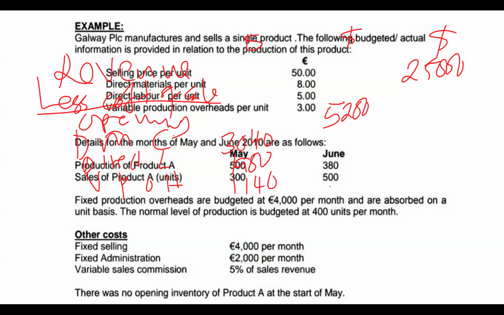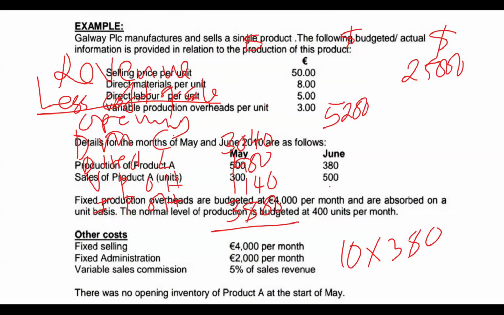Plus the fixed production overhead that was absorbed. You remember last time we had that issue, right? The absorbed one, we said it was being absorbed at 10 kwacha times the units produced, 380. This gave us 3,800. So you can add these.